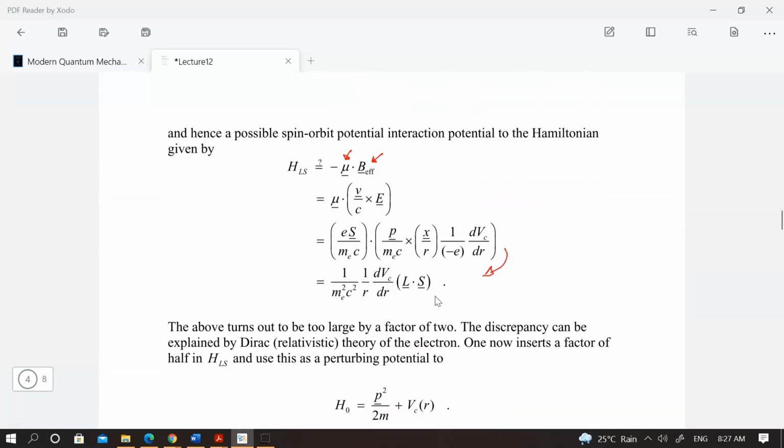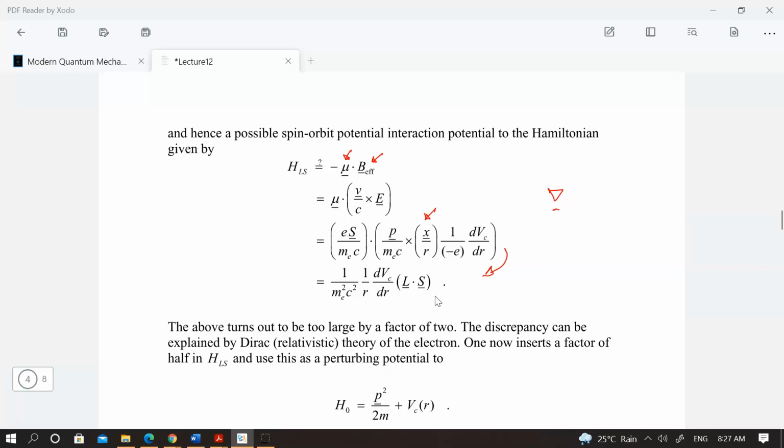That will have a vector part, but suffice to convert this in terms of a derivative with respect to the radius, and then your vectorial nature goes into this.